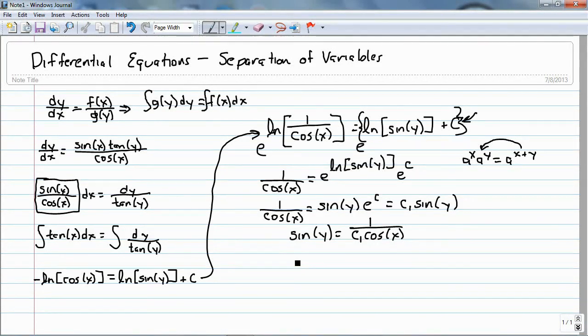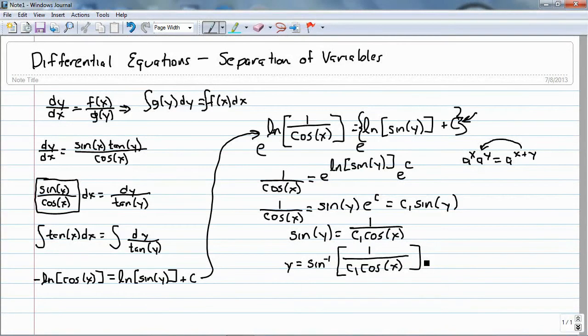And then I just have to take the arc sine of both sides. And there's our final answer.